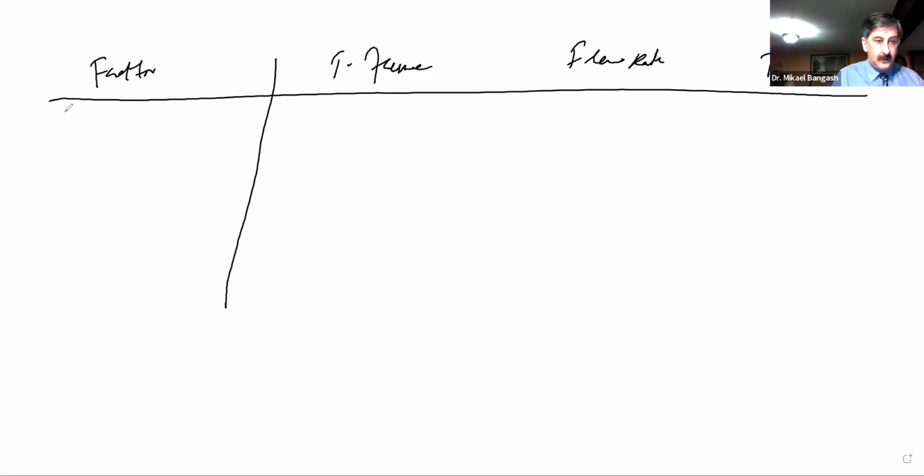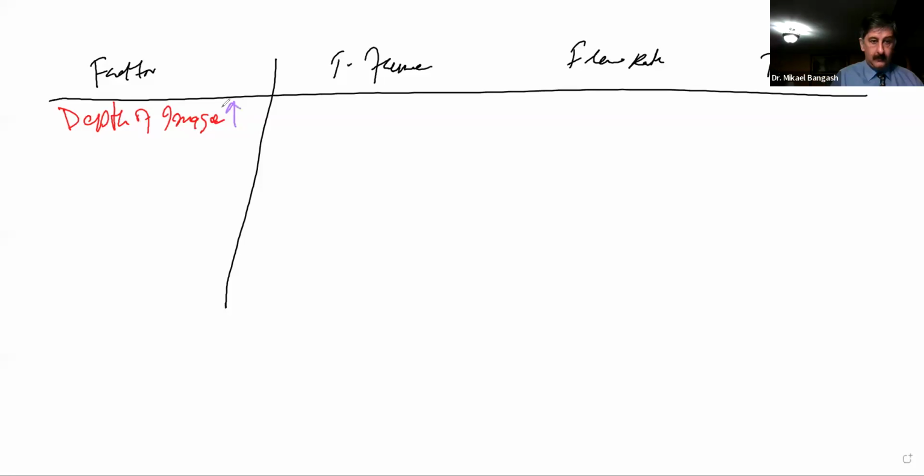Now, the first factor was depth of image. And when that was great, we had a great G-frame, we had a low frame rate, and we had a poor temporal resolution.